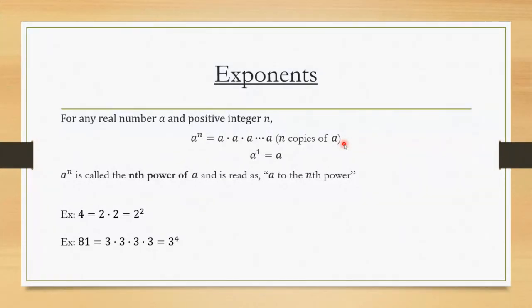And it's part of the definition that a to the first is just a. When the exponent is 1, we don't write it, so if you see a number with no exponent, the exponent is understood to be 1.